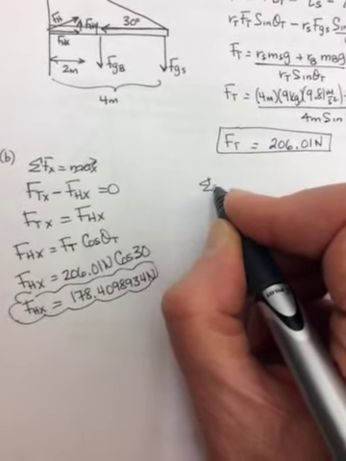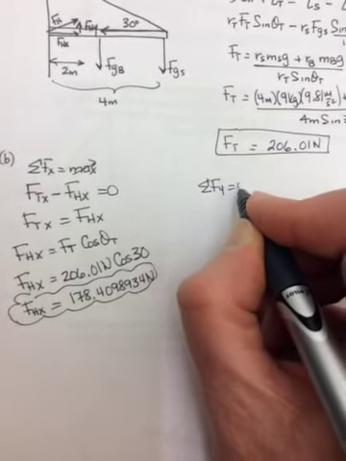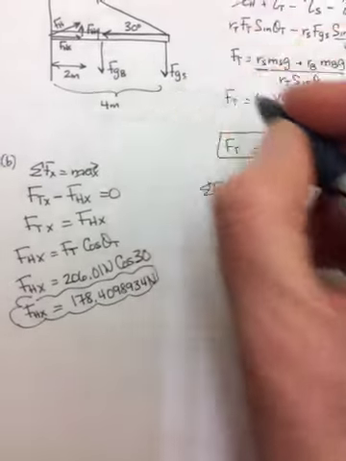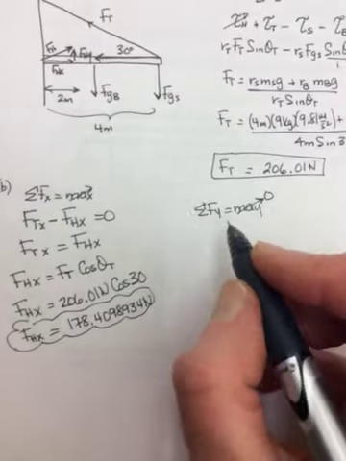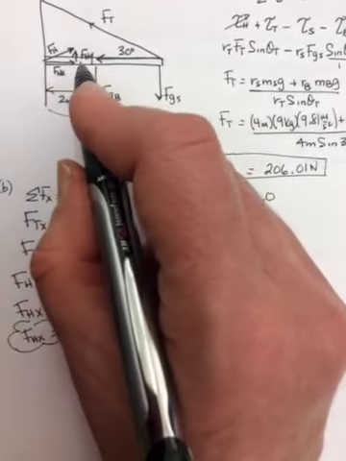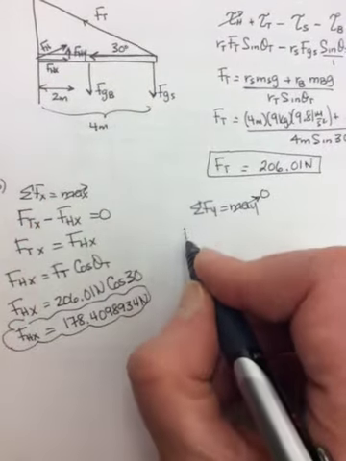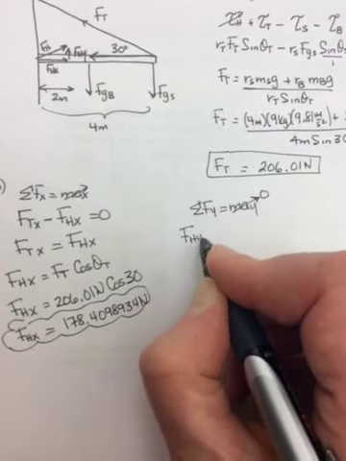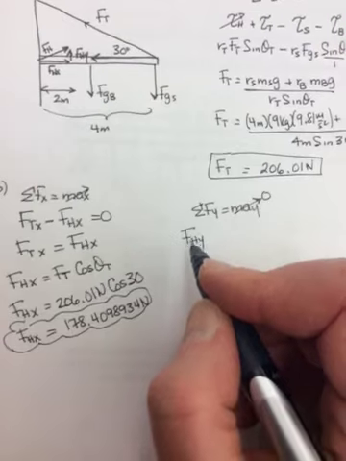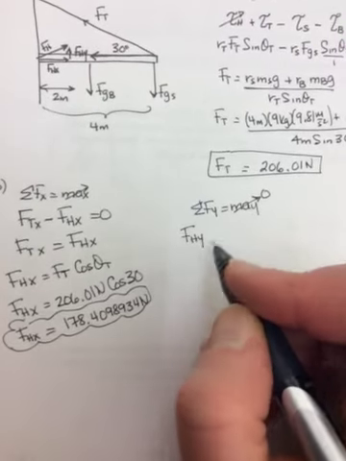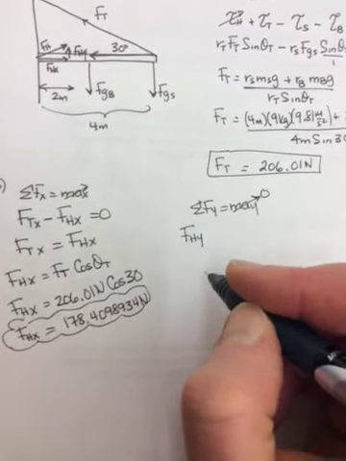Then we would go in the y direction, the sum of the forces in the y. This sign hopefully is not moving in the y either, so that will be 0. And so in the y direction, there's a y component that the house is putting on the beam. I'm guessing that it's up, but I might be wrong. But just leave it as is, and if it works out to be negative, it means it's down.